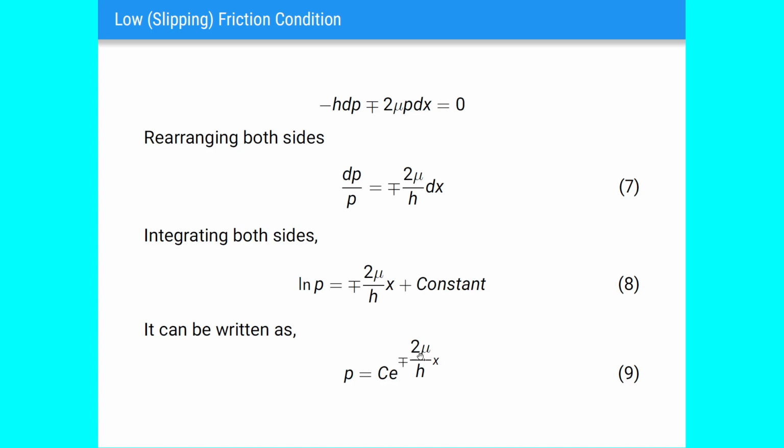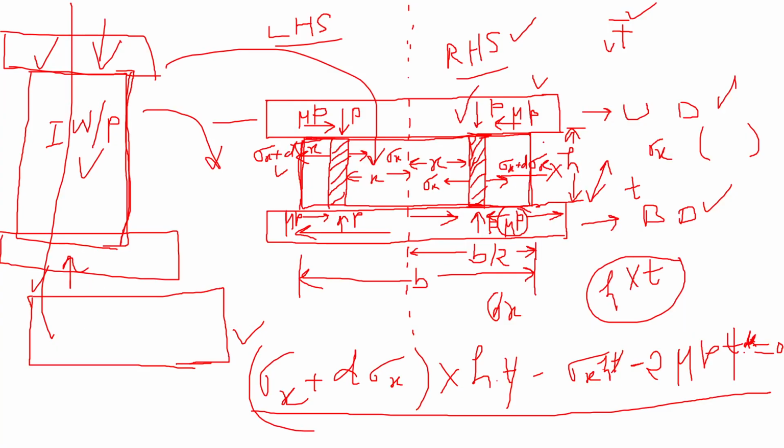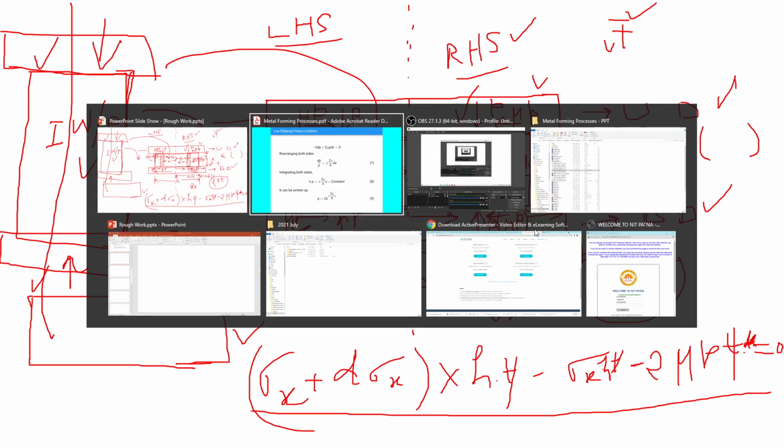Now how will we evaluate the constant C? You can evaluate it by putting in the boundary conditions. In this slab, this is x equal to 0, and the end point is x equal to b by 2. At the extreme point, what will be the value of stress?